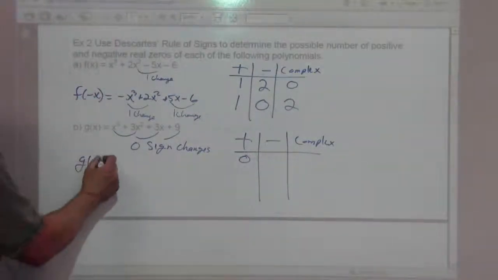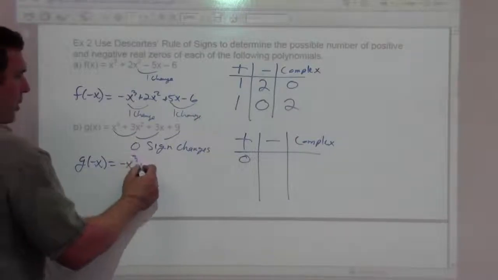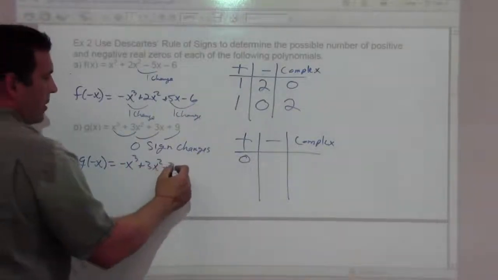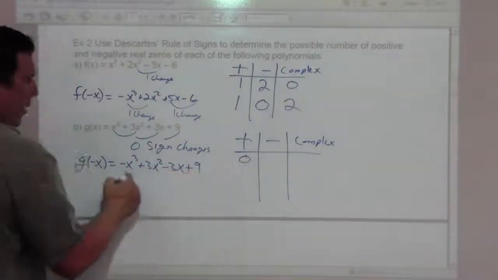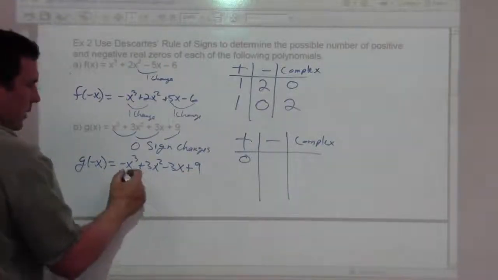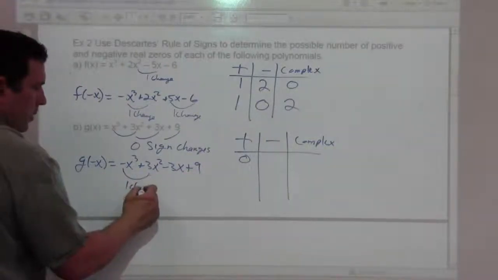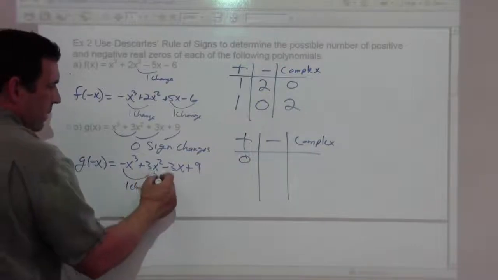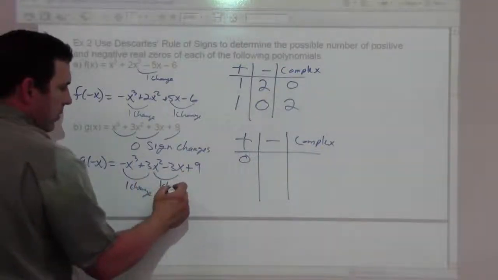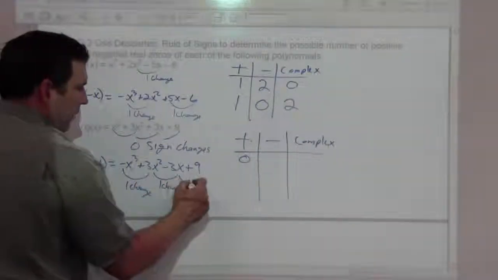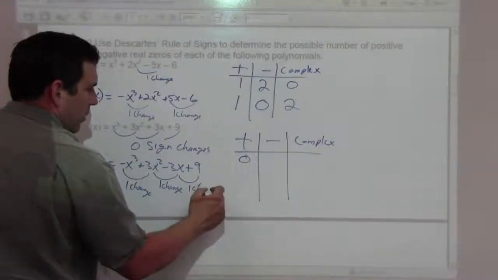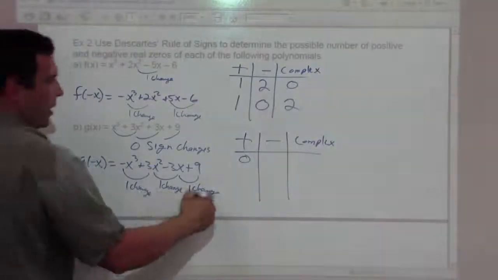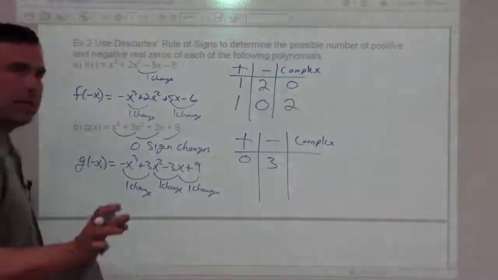G of negative x is negative x cubed plus 3x squared minus 3x plus 9. It goes from negative to positive, that's 1 change. Positive to negative, that's 1 change. Negative to positive, that's 1 change. That's 3 changes. So 3 negatives are possible.